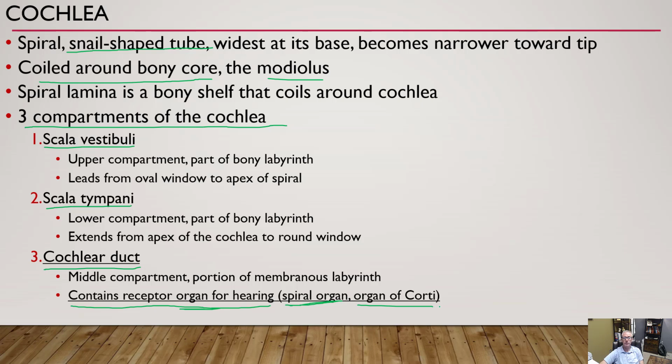This is the one that you're going to have to know for exam purposes. So the cochlear duct contains the receptor organ for hearing, and that's called the spiral organ, or the organ of Corti.